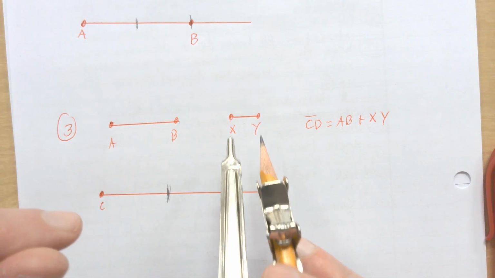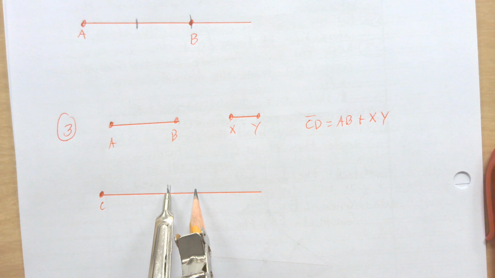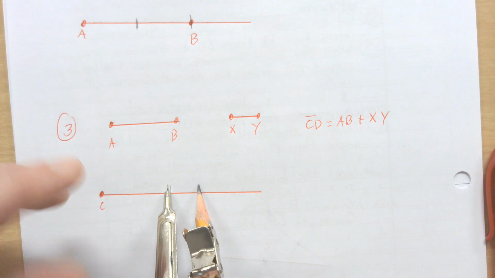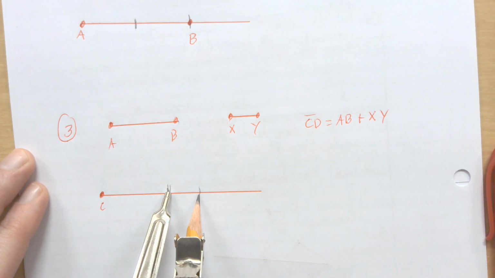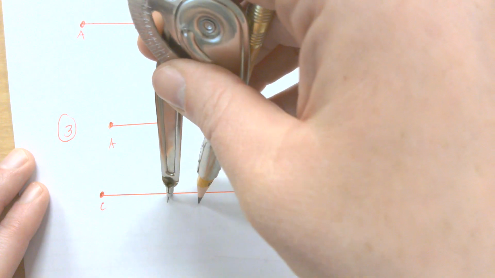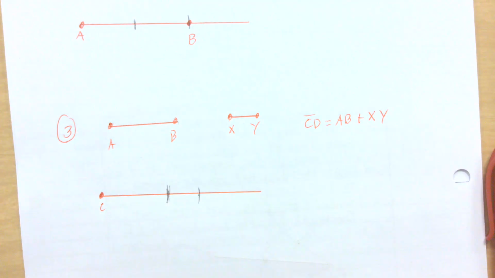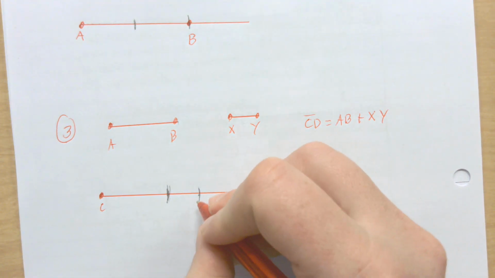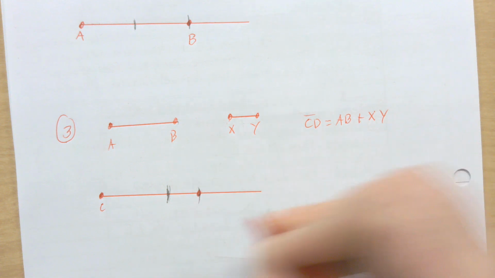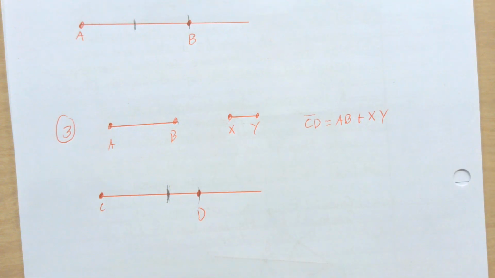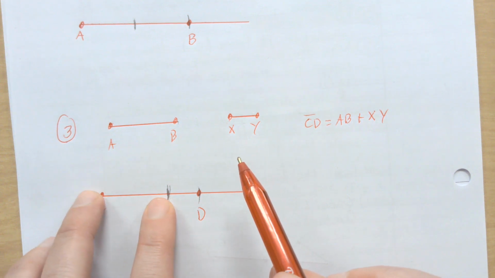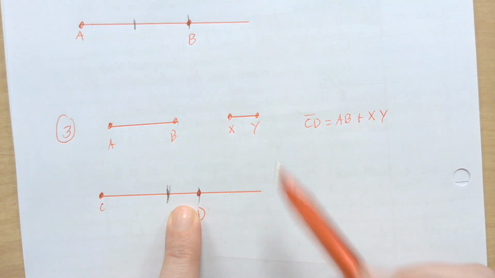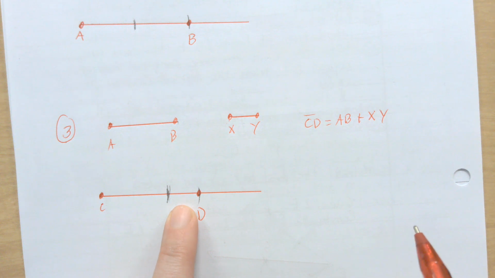Then with that compass measurement, I put my pointer on my first intersection point on my array, and I make another dash. That second dash is where the point D goes. So CD is this section, which is AB, plus this section here, which is XY.